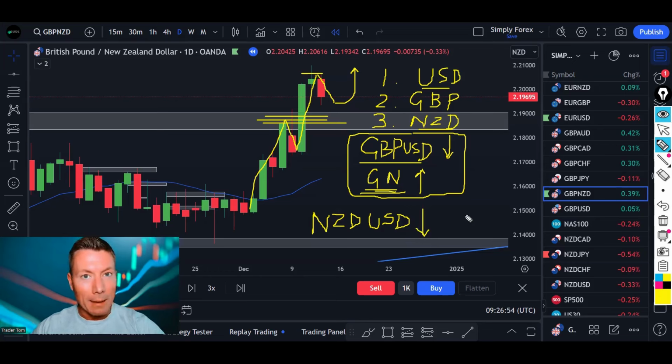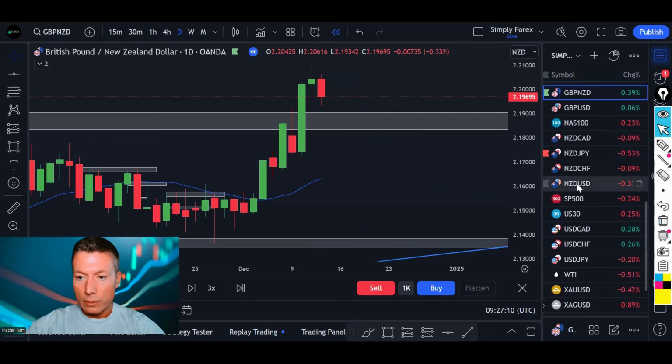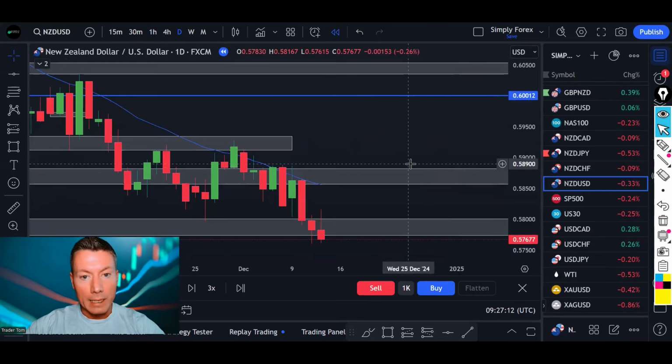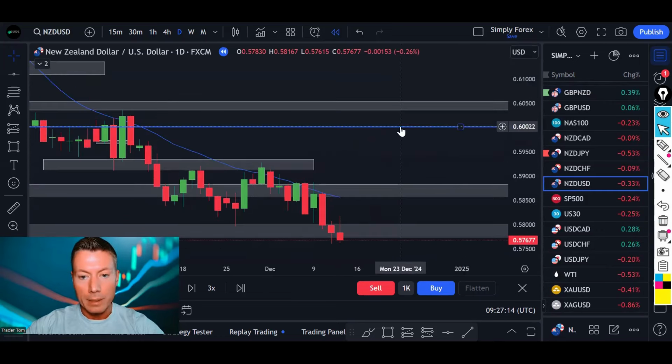Now, logically, that makes sense, but in reality, that's not always the case. So let's take a look at New Zealand dollar US dollar now, because our analysis said we should sell it. I'm using the same day, this is the 12th of December.